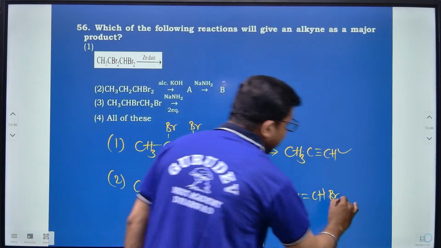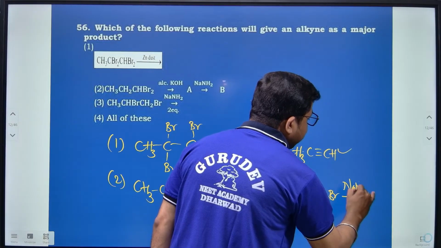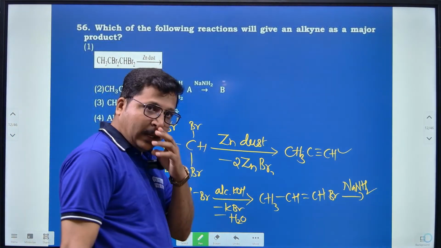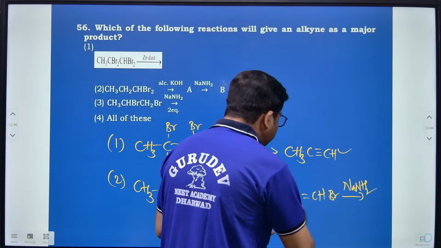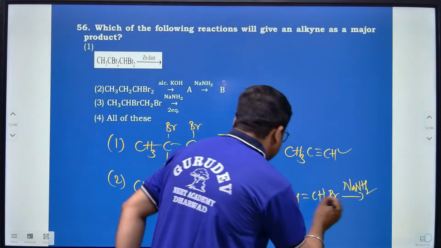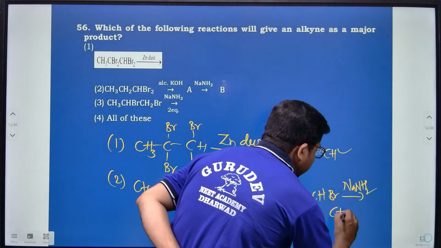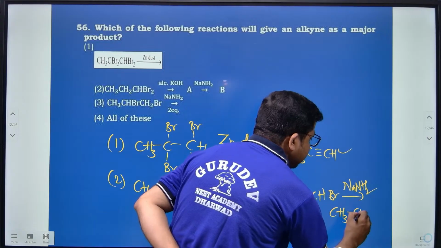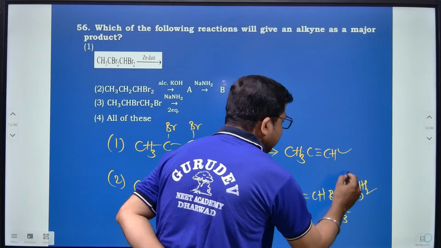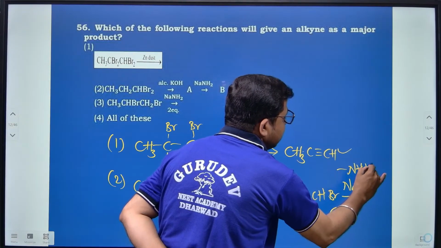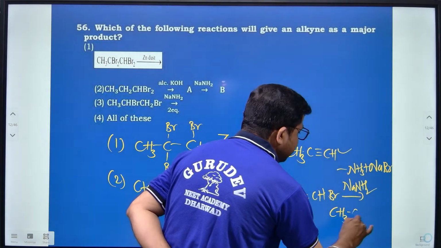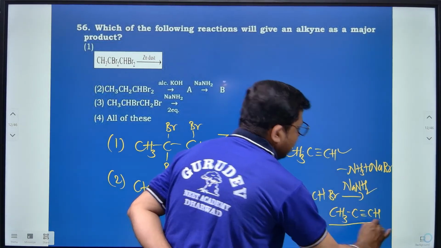After that, reacting with sodamide, NaNH2, there is again an elimination of NH3 and NaBr, and CH3-C triple bond CH will be the final product.